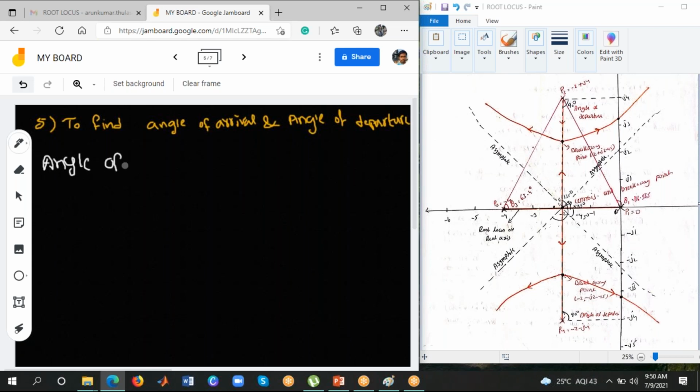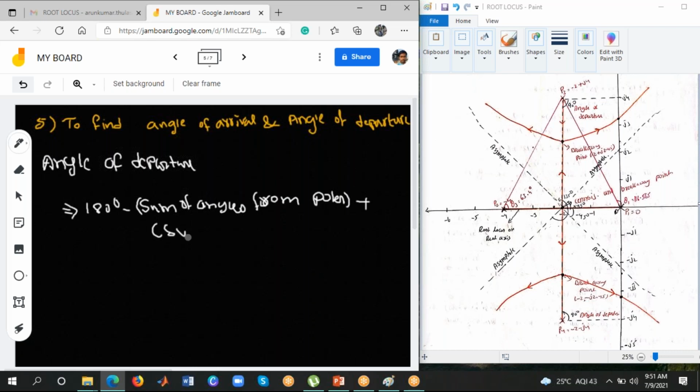Angle of departure is equals to 180 degrees minus sum of angles from poles plus sum of angles from zeros.